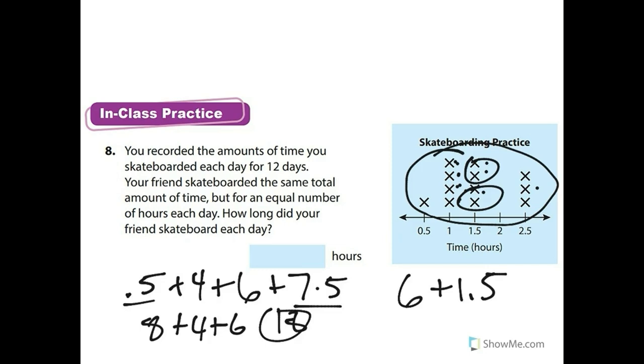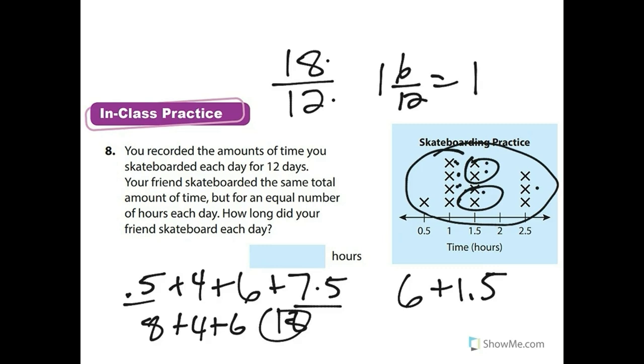18 hours. Right? So I'm going to divide 18 by 12. 18 hours, 12 days. I'm going to have 1 and 6/12, or 1 and 1/2. You see how I got that? I added up all my time.